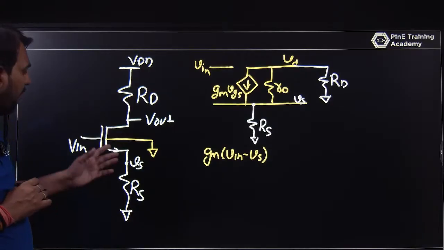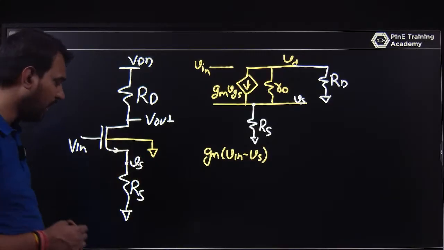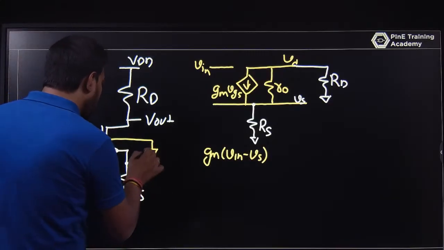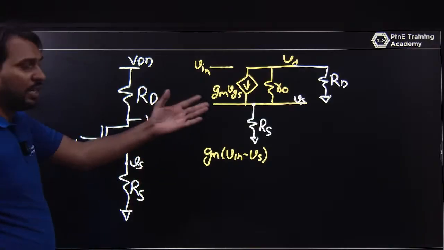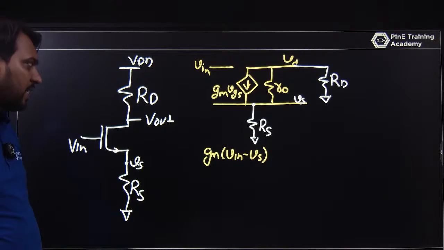I am just assuming it is locally connected, the source is connected to the body, so I am not taking VSB. Otherwise there is one more effect, GMB, the body transconductance with VSB.